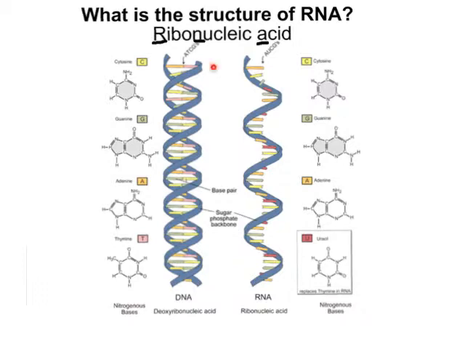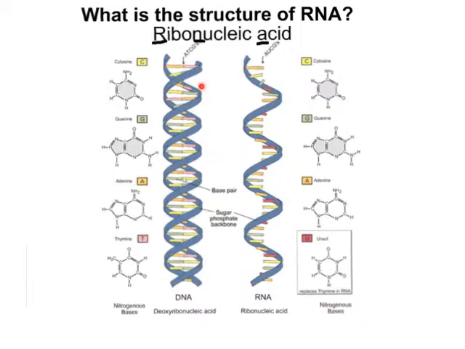So here is just our DNA molecule again. RNA is a simpler version of that. It's only a single strand. That is the main difference, but there is one other small difference, and that is that the nitrogenous base does not use thymine. It uses uracil instead.